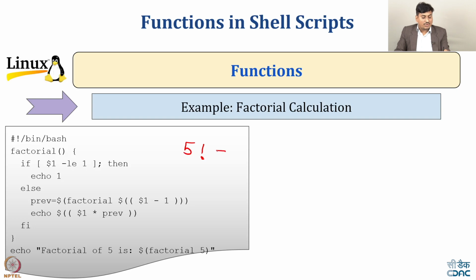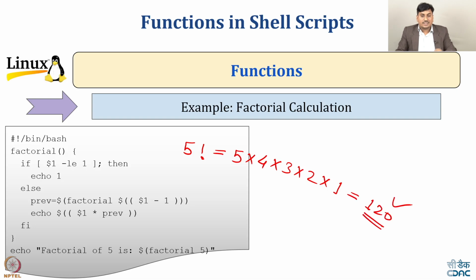Generally, what is meant by factorial? Just 5 multiplied by 4 multiplied by 3 multiplied by 2 multiplied by lastly 1. So how much will the value be? 120.